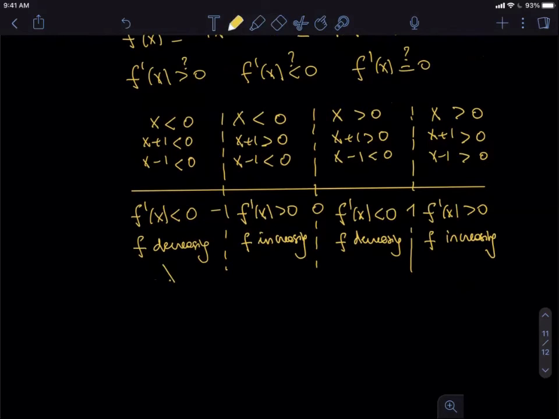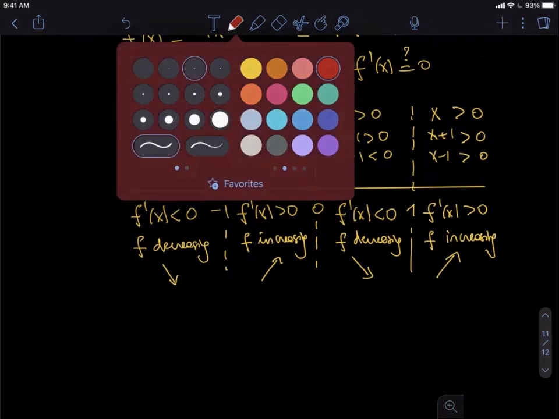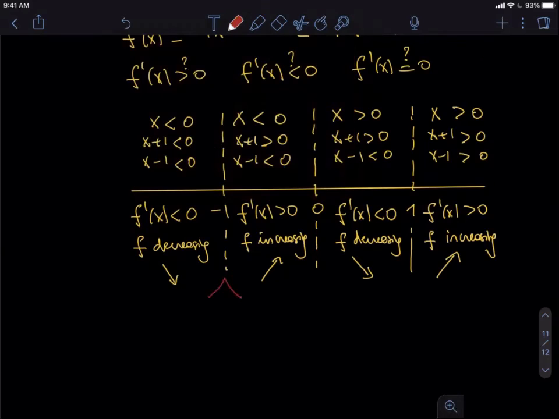Okay, so notice what happens here. We have decreasing, then increasing, then decreasing, then increasing. So what can we say about the critical numbers? So x equals -1. If before x equals -1, I'm decreasing, and then as I leave, I'm increasing, what is that point?